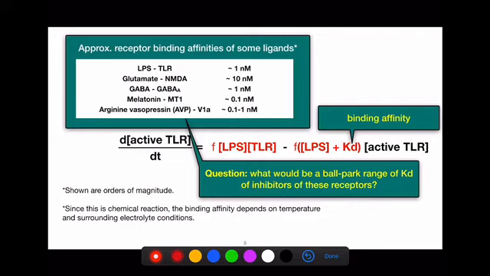This is one of the main points that I stressed in the previous lecture. So its binding affinity of 1 nanomolar is incredibly sensitive if you compare with the actual concentration of LPS. And now you're surprised that glutamate receptor doesn't seem to be that much sensitive.